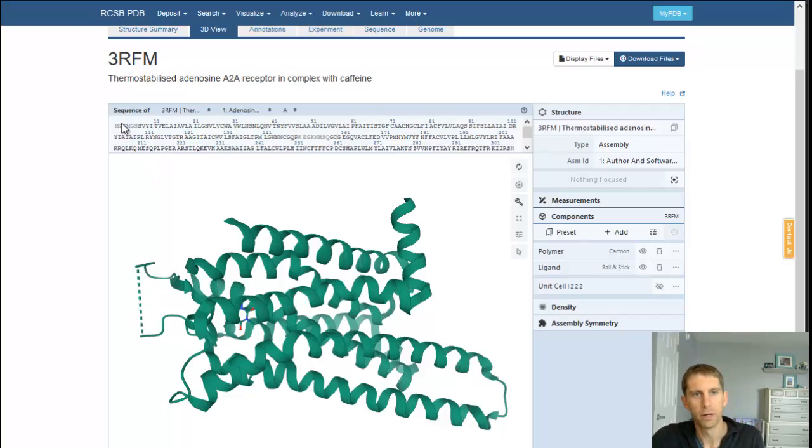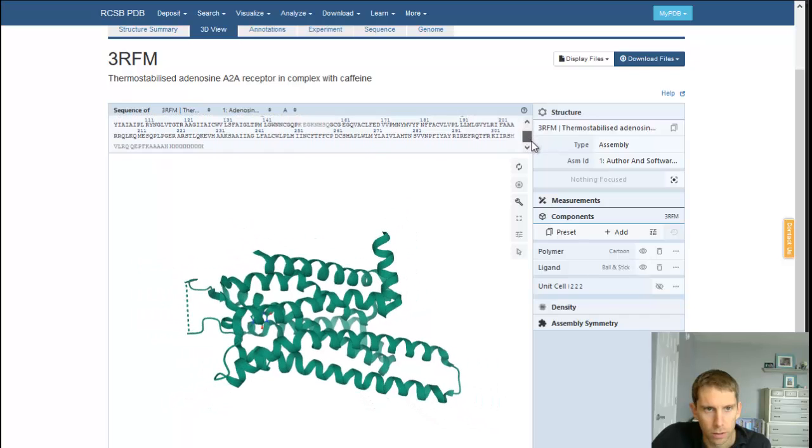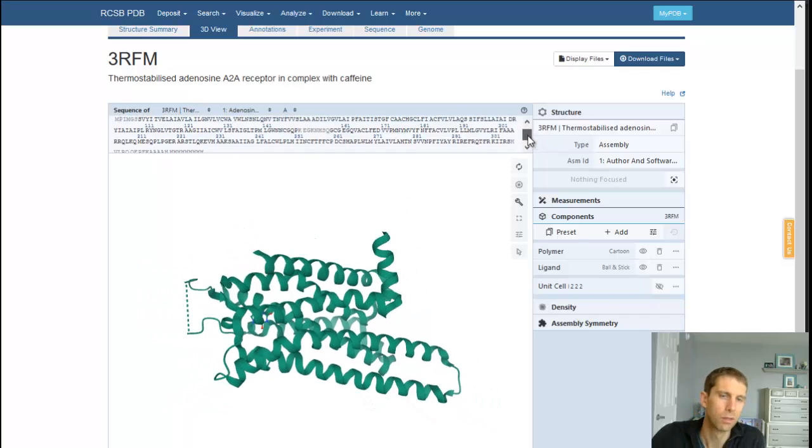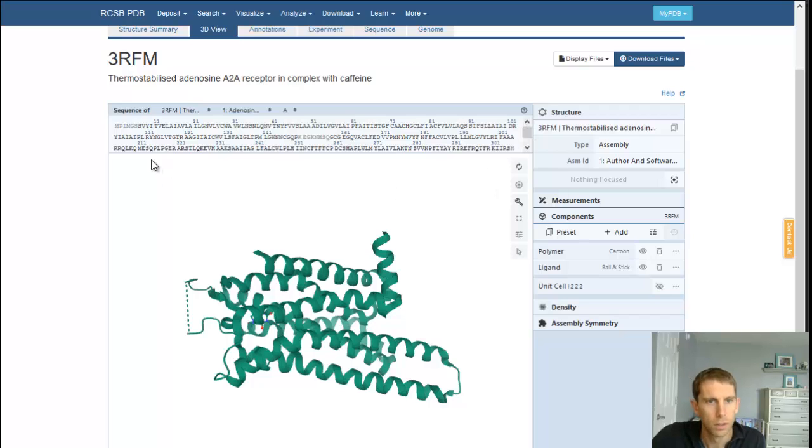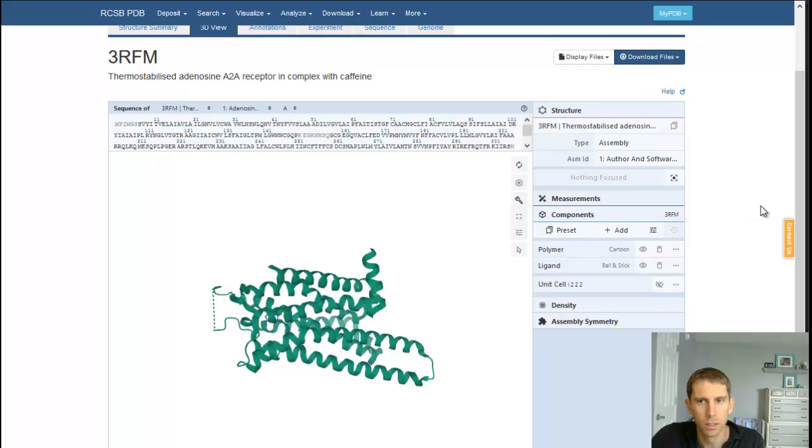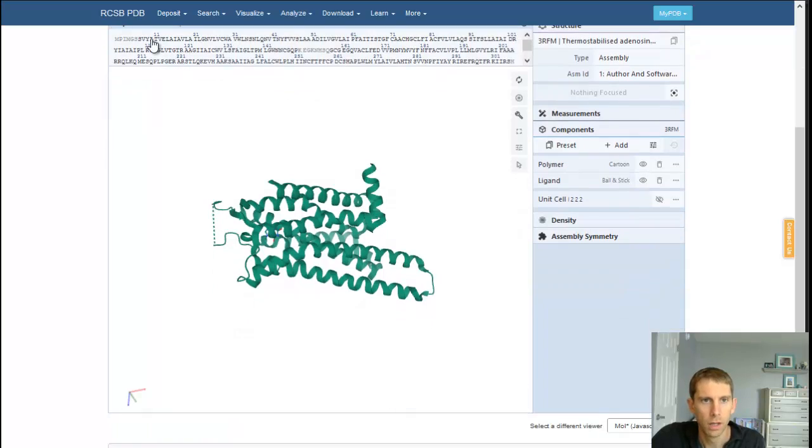On the top here, this gives us the amino acid sequence in this protein structure, going from amino acid 0 all the way through, it looks like if we scroll down, maybe 320 amino acids or so. If we highlight each of these, in the bottom right-hand corner of the Mol* view that we're looking at, we can see the specific amino acid.